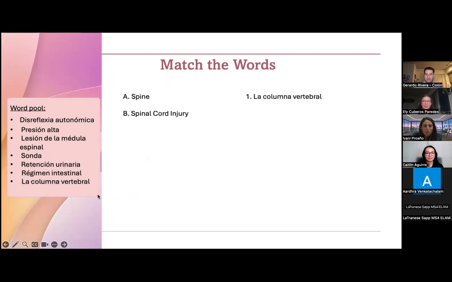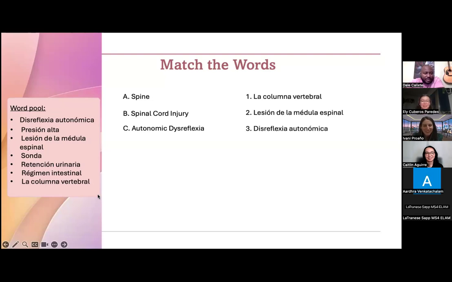Lesión de la médula espinal. Perfect. And then we have autonomic dysreflexia. Dysreflexia autonómica. Beautiful. And then we have high blood pressure. Presión alta.